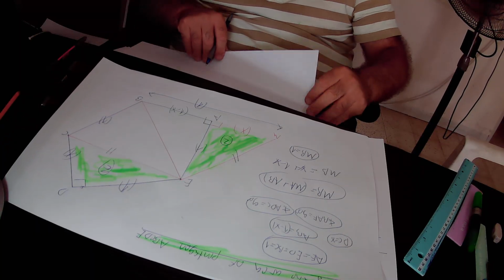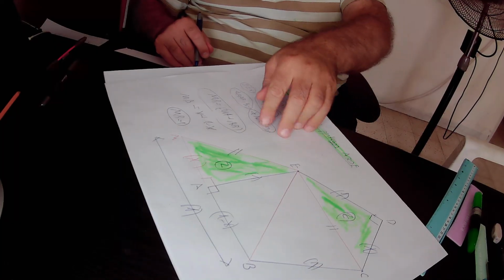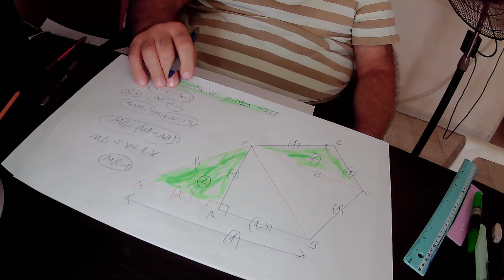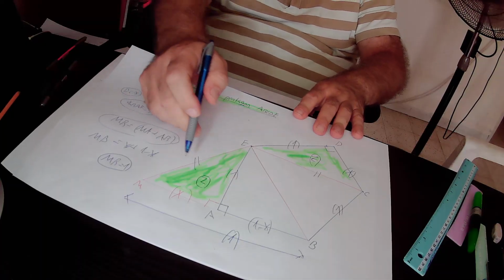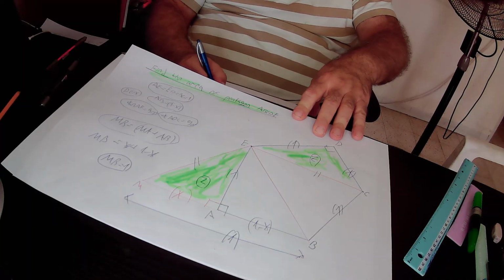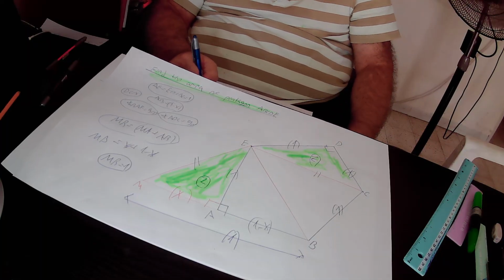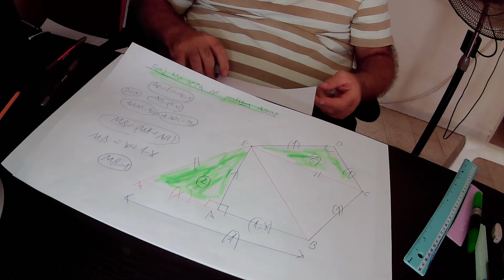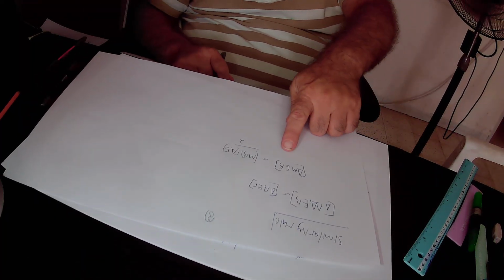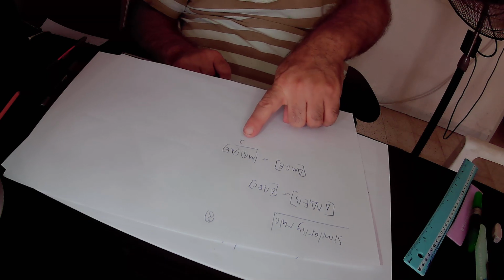So what is the area of triangle MEB? The area of triangle MEB is equal to the base MB times the height AE over 2.